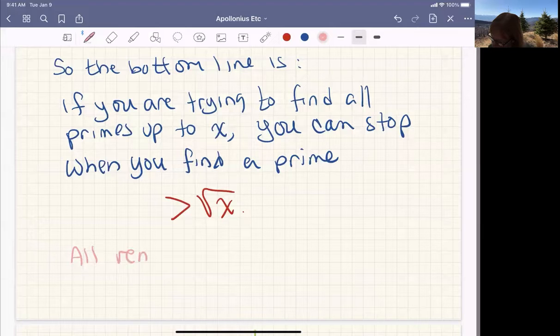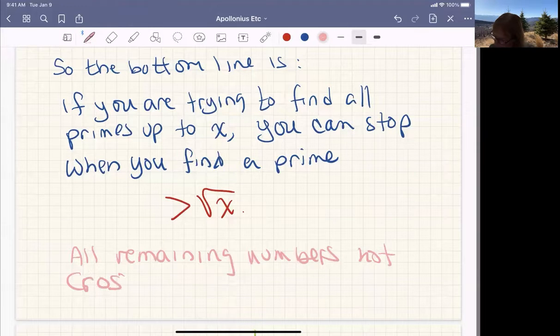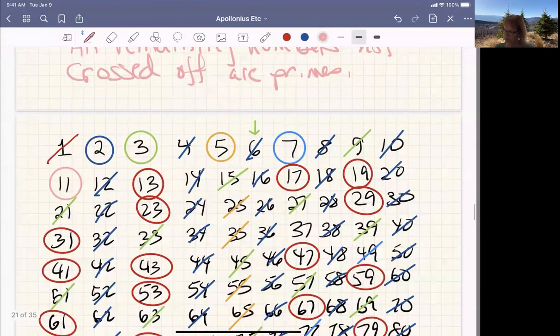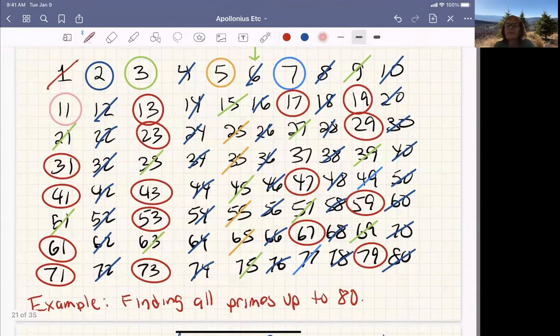All remaining numbers that are not crossed off are primes. Okay, so any questions about the sieve of Eratosthenes before we move on to our next mathematician?